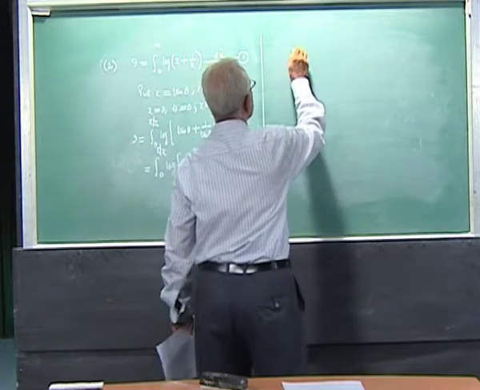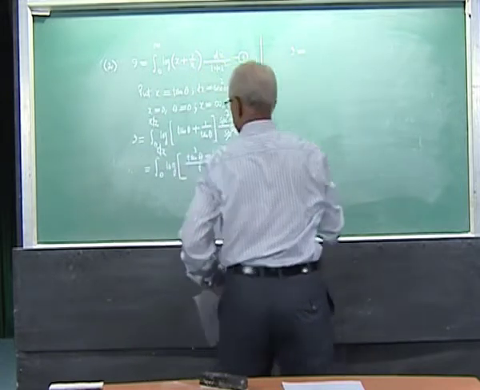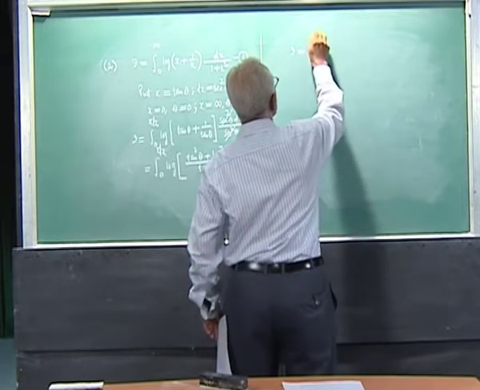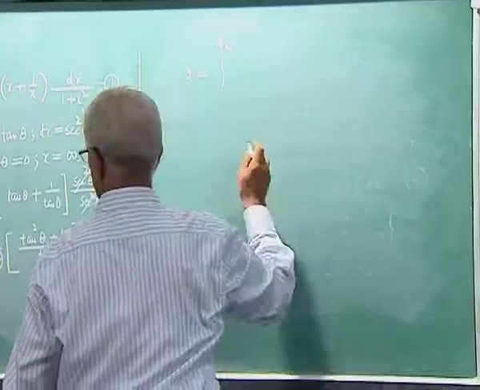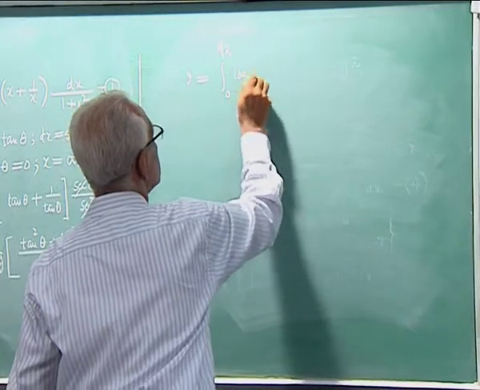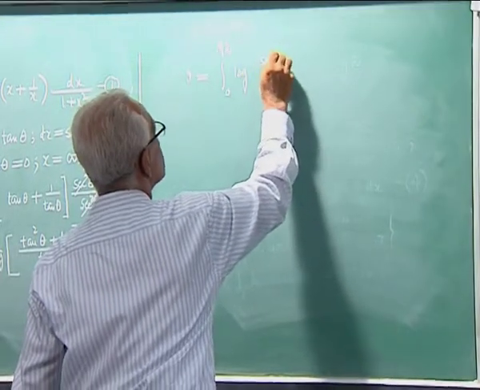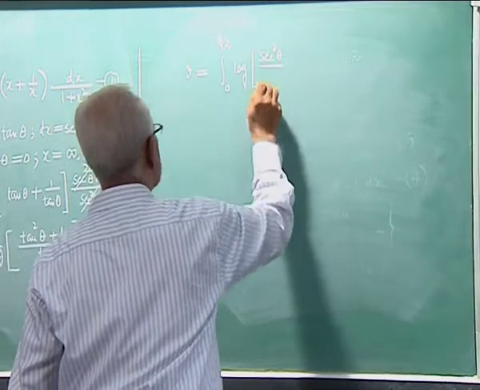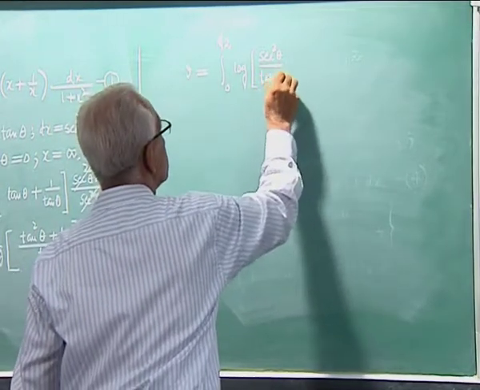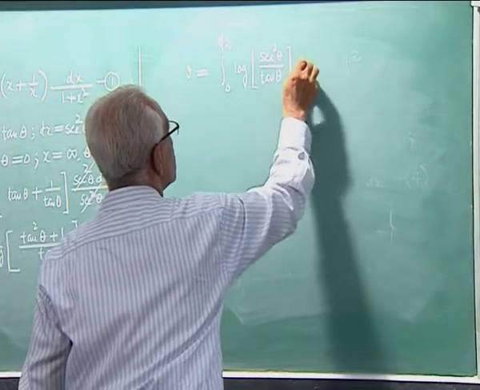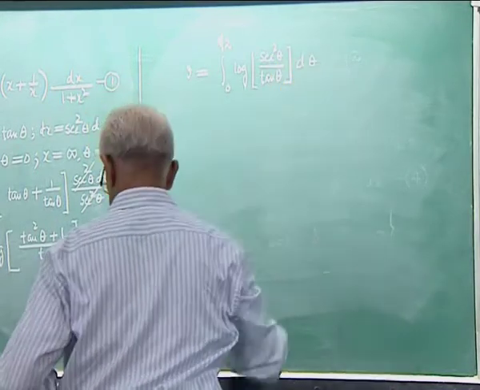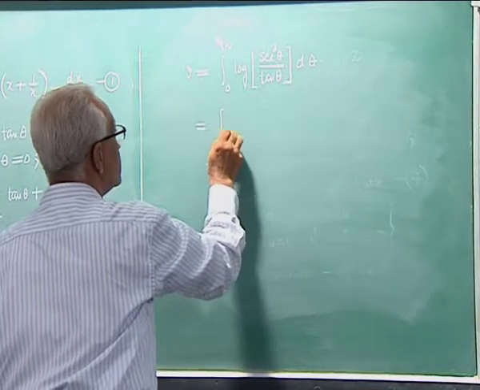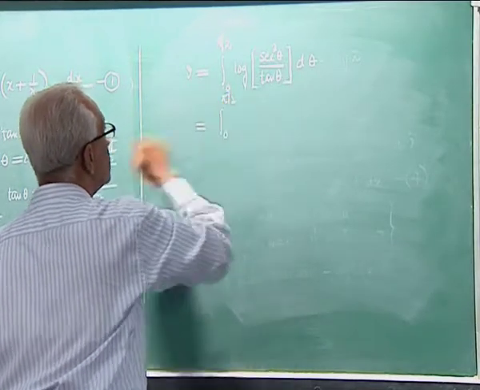I will be writing in the same way. So integral is equal to 0 to pi by 2 log of sec square theta within the bracket upon tangent of theta and d theta. So I will be having it as 0 to pi by 2 from here.